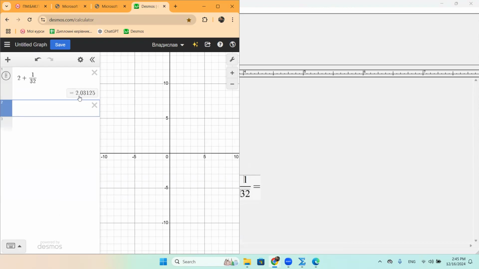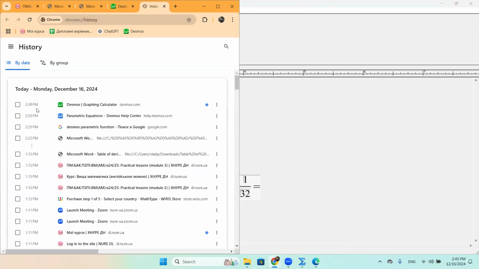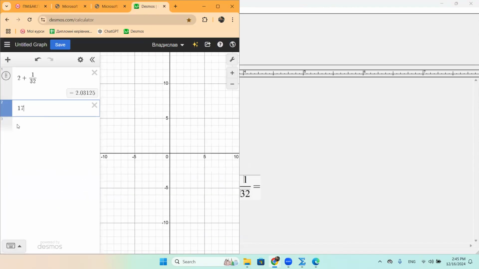Which result do we have? And 17 in power of 1 over 4 equals the next value. So here is the precision. The difference is after the third position.